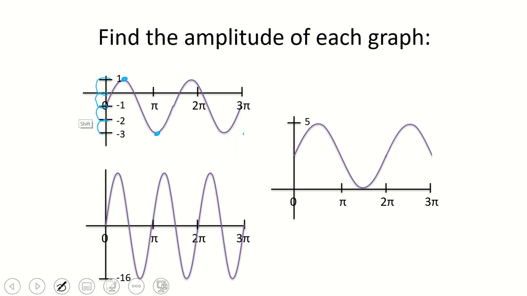So halfway between 4 is right here, 2 above and 2 below. So then if you sketch your midline, it comes out right here. Now we can measure the distance from the midline to the maximum. So this is going to be 2. And we call that the amplitude, so A equals 2.